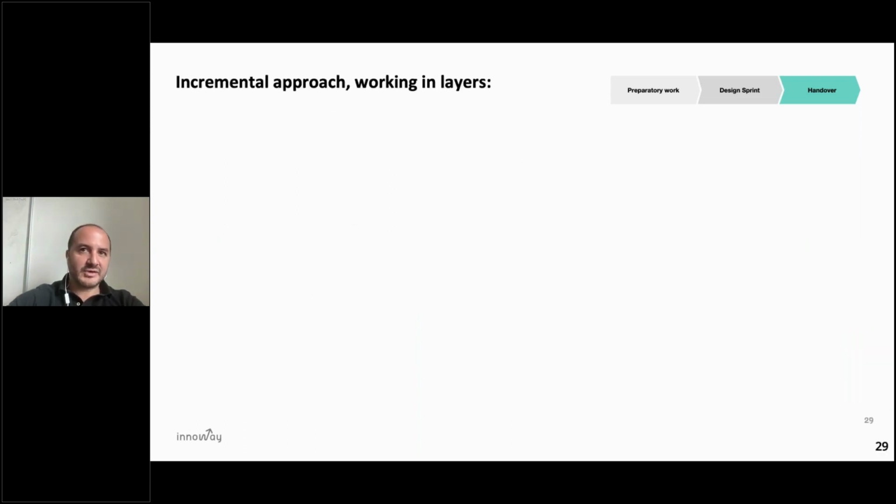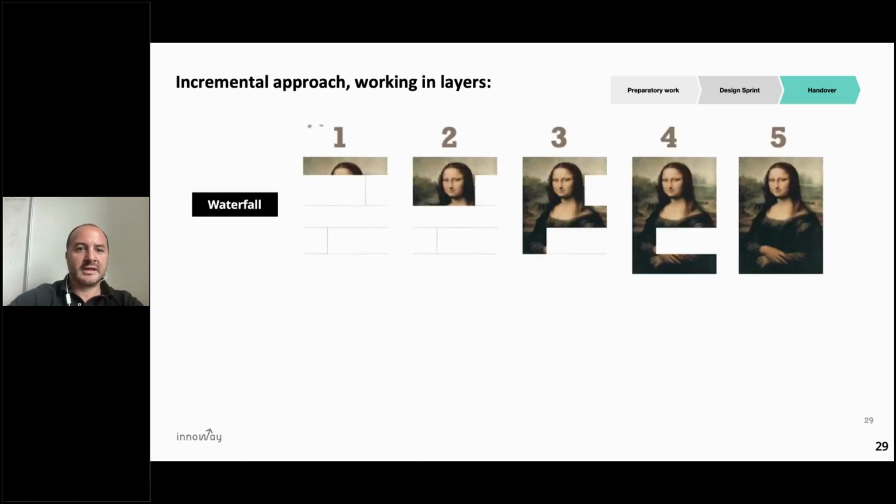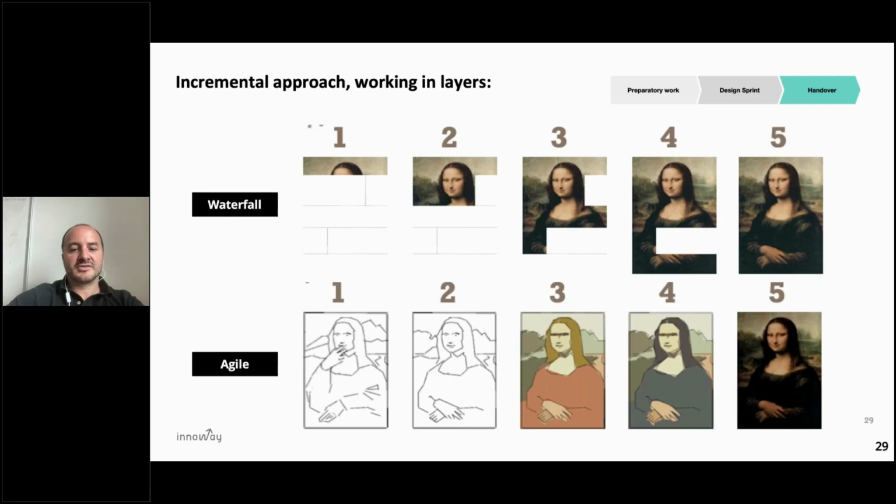And as I was saying, there are a lot of companies that use this opportunity to start implementing new ways of working. The difference is that companies tend to implement this in a waterfall approach. But what we suggest is to start using agile methodologies, where they allow you to develop certain versions, as you can see here from 1 to 5, that you can put in front of the customer.